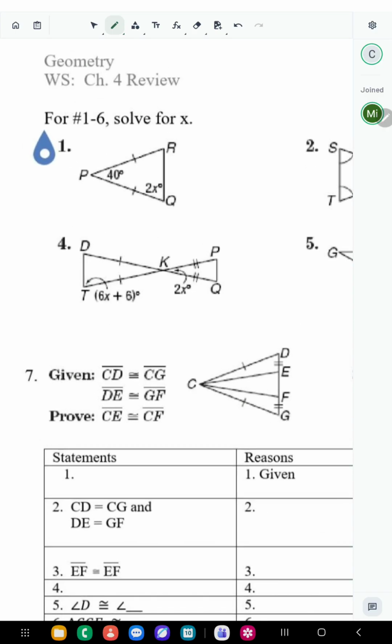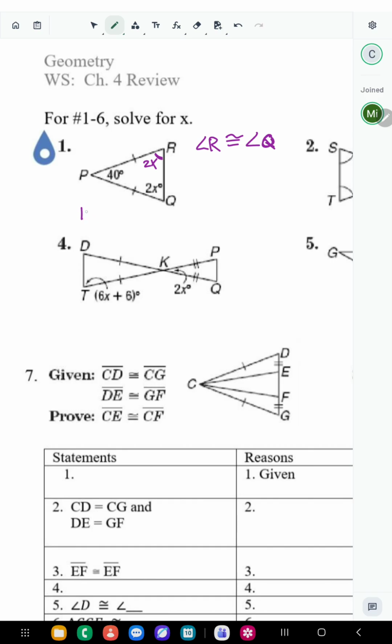Okay, it's indicated here that the two sides are congruent. So that means angle R is congruent to, or equal to, angle Q. Right? So this is also 2x. Agree with me?